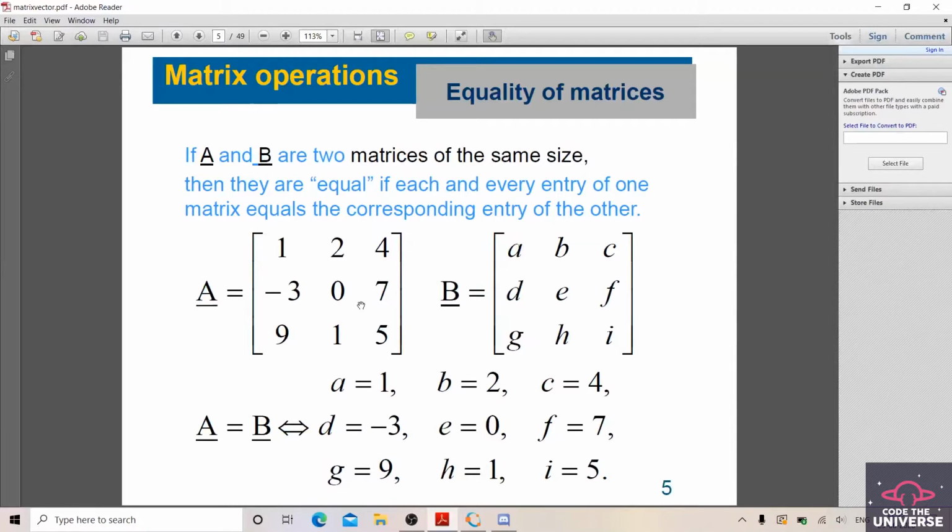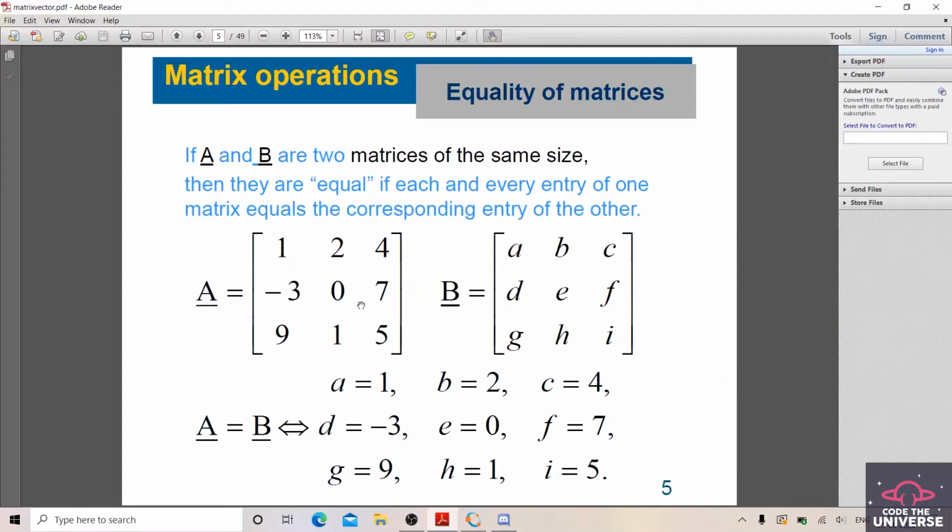Moving forward, let's talk about when we can say that two matrices are equal. In the case of numbers, this is very easy. You might be familiar with the concept of one number being equal to another number. But in terms of matrices, each and every element inside a matrix should be equal to the corresponding element in the other matrix in order for both matrices to be equal.